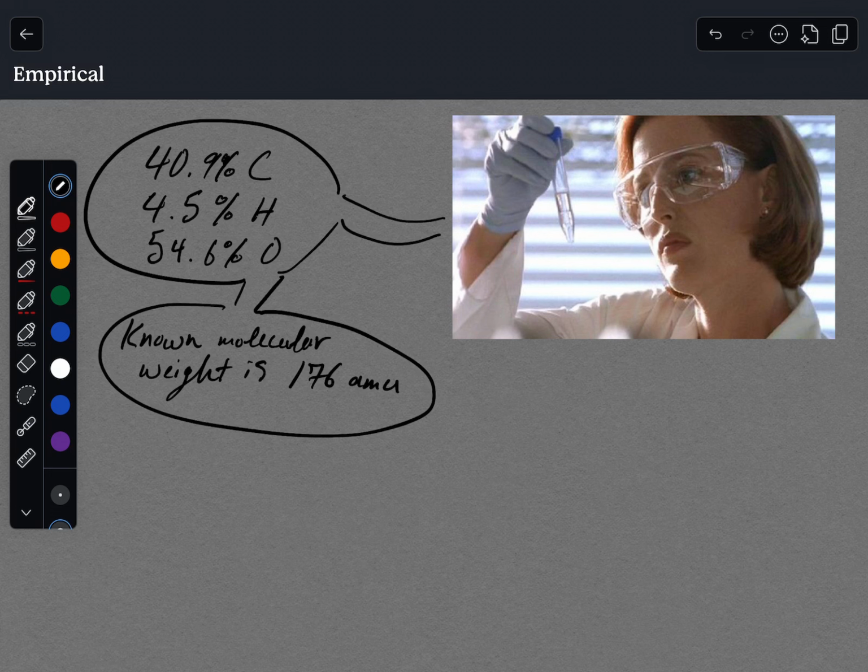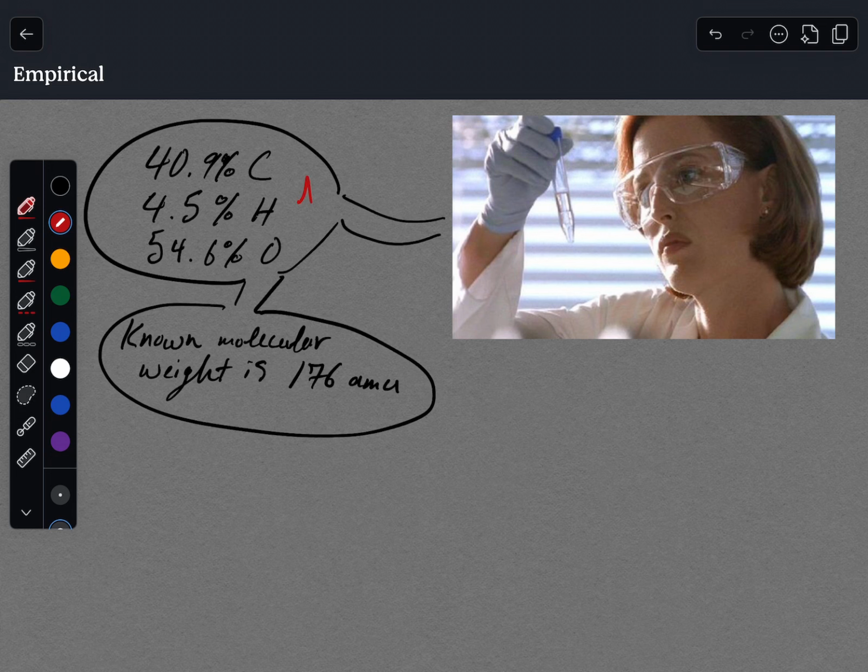Okay, let's do another example here where this time we're going to look at the difference explicitly between the empirical formula and the molecular formula of this compound. So this time we have two pieces of information. We have the ratio of the weights of the elements that make up the compound, again by mass.